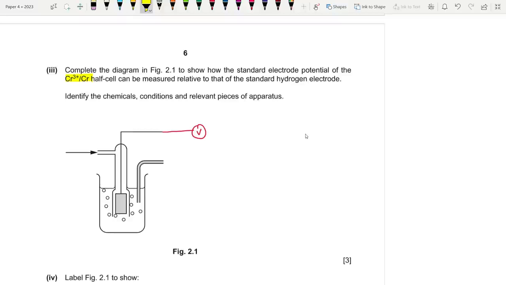For an ion in two different oxidation states, you also need platinum electrode. But for the metal half cell, like the one here, you need the metal itself. Okay, so here H2 gas is entering at 1 atmospheric pressure, and on this side we actually have the chromium electrode.